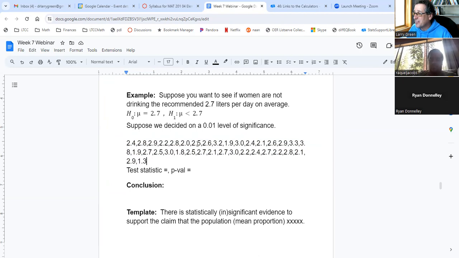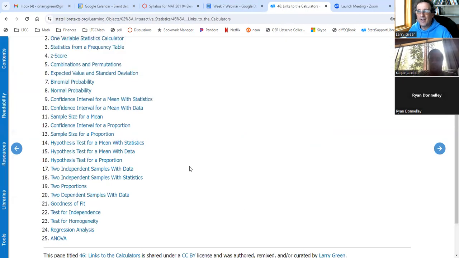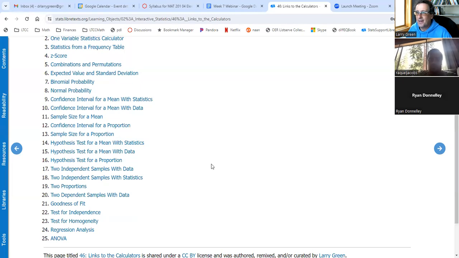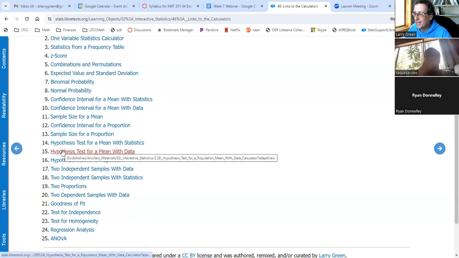For proportions, it's yeses and nos. Okay, so which one? Yeah, hypothesis test for a mean with data, number 15. Because we're looking at a mean, it's quantitative data. We have data, and we're doing a hypothesis test.